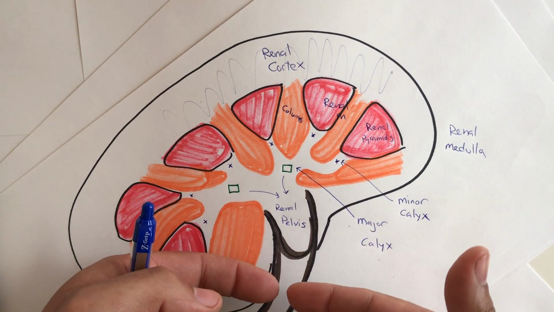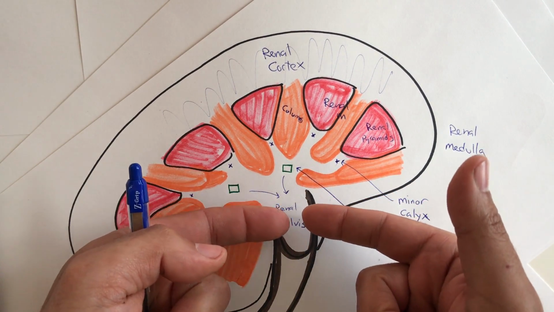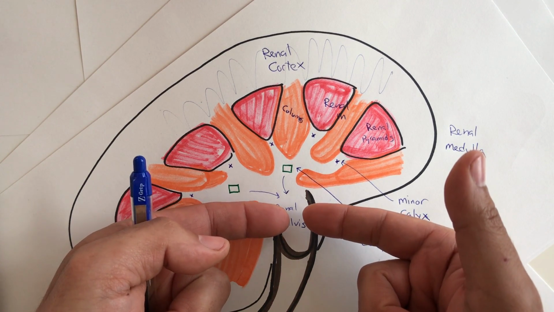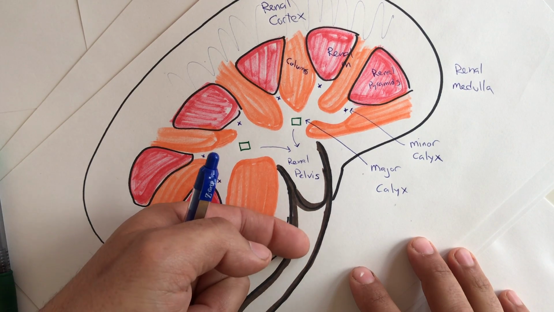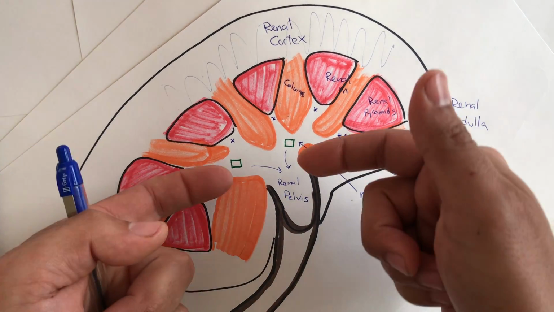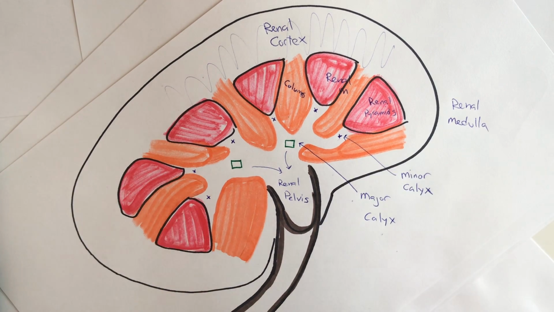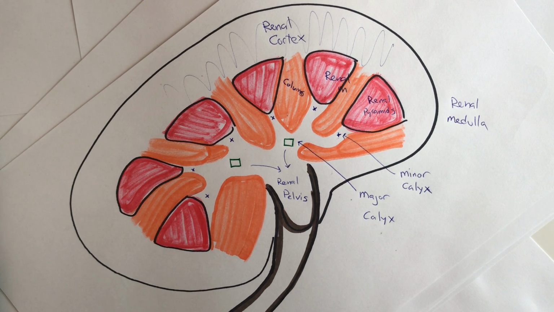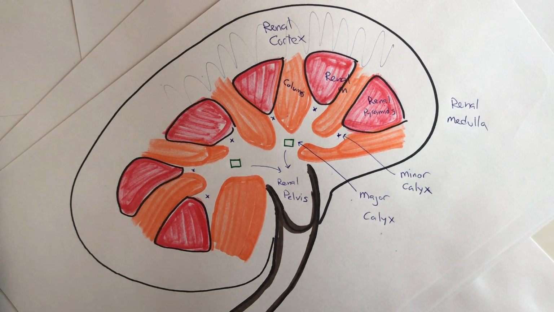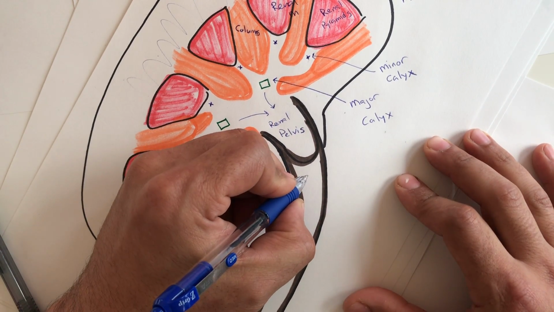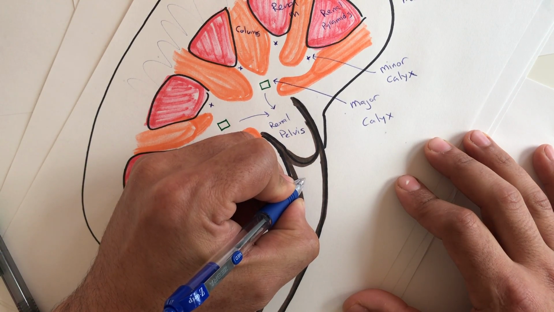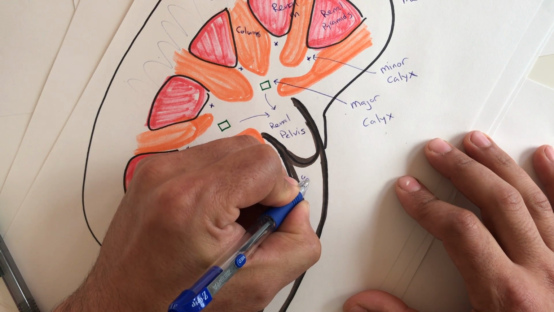But this area that eventually leads to the ureter is called the renal pelvis, just where the tube is, where the fluid continues to merge. And then finally, as we exit the kidney, this is one ureter.